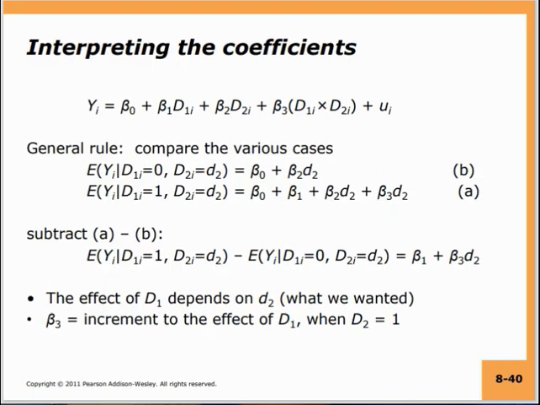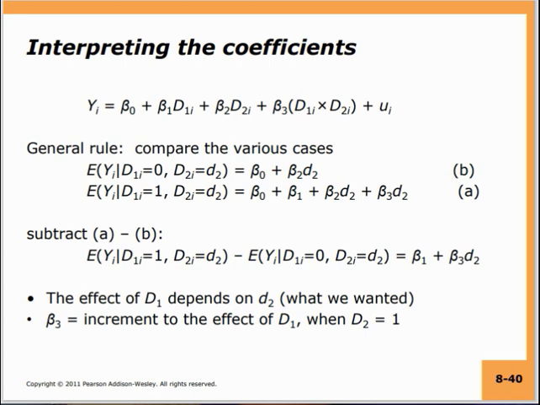So when you change d1 from 0 to 1, how do you see what is beta 1? We compare the two different cases. In one case d1 is 0 and d2i takes some other value d2. We just allow it to be d2. We don't specify whether it's taking a value of 0 or 1 in this particular case.